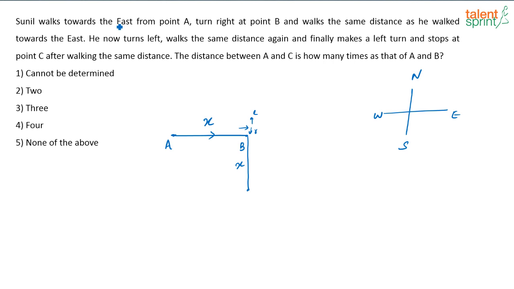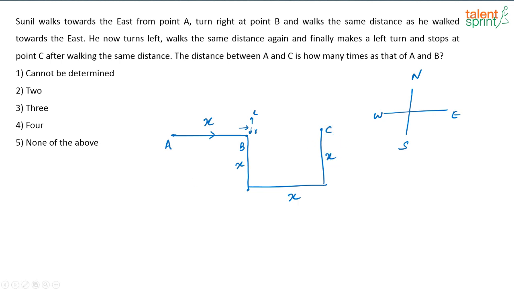He turns to the left and walks the same distance again, and then he again turns to the left and stops at point C after walking the same distance, okay? So again another x meters and he is stopping at C.